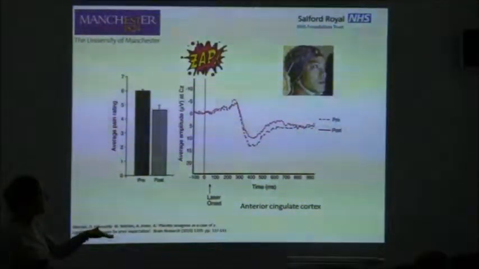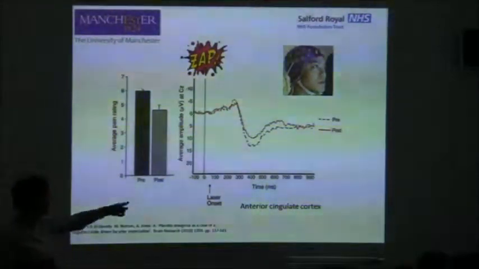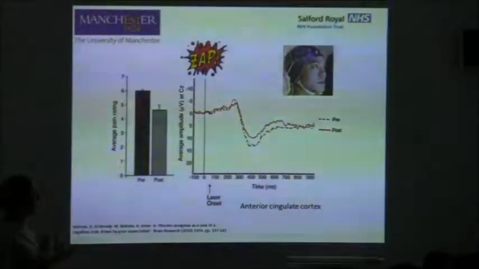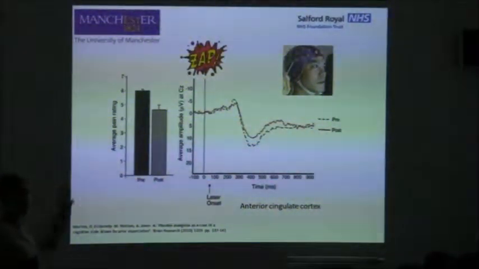The plot on the right is an EEG plot in response to a laser pulse. The black line is pre-placebo treatment, and the red line is post-placebo treatment. So you can see that actually the whole brain activation signal reduces in amplitude after simply expecting that you've had a placebo treatment.